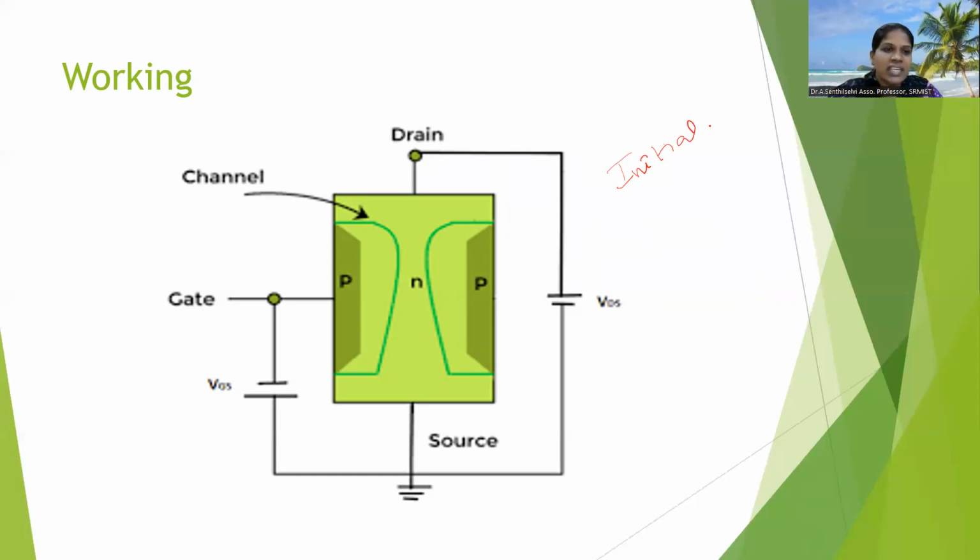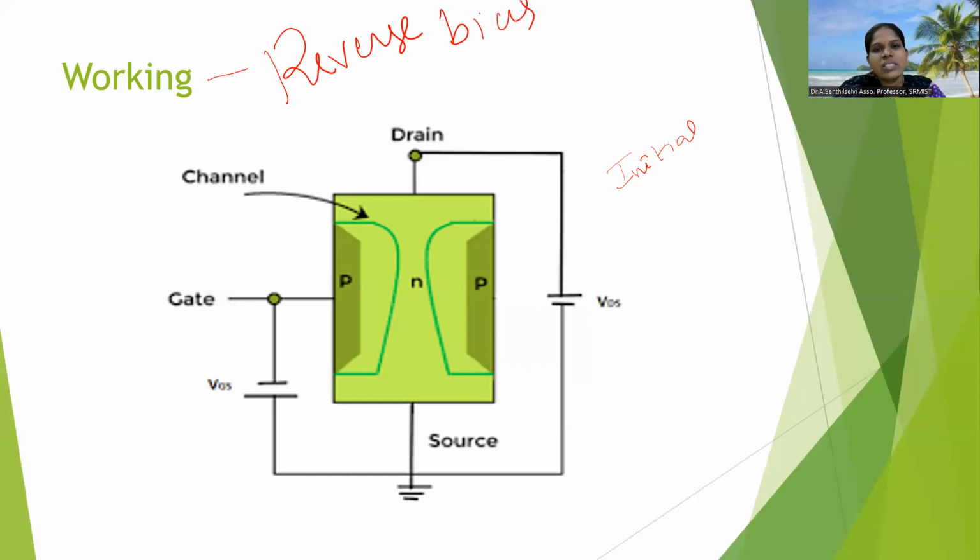Here, the FET always works in reverse bias only. BJT is called a current controlled device, while FET is called a voltage controlled device. While seeing the working, we will know why we call it a voltage controlled device.